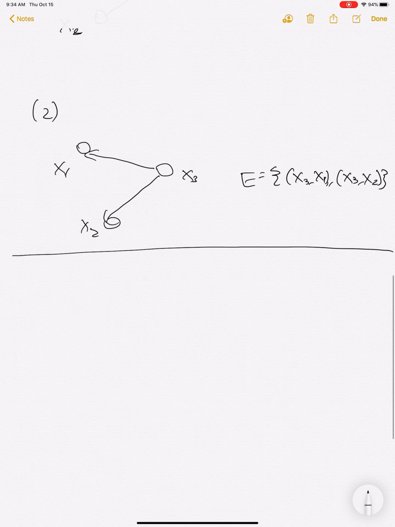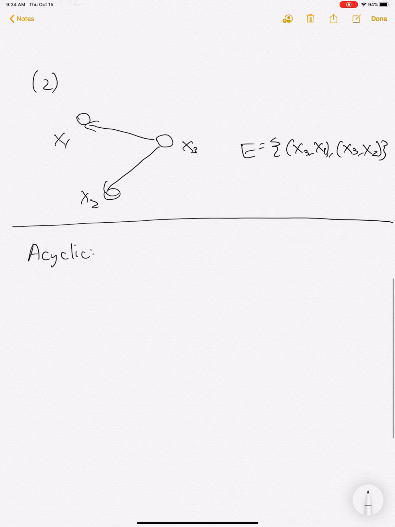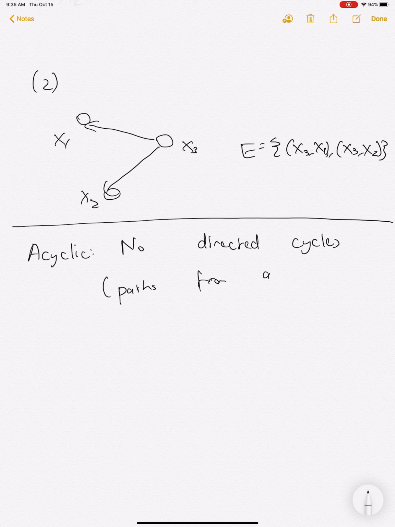And the other thing that we talked about is that to ensure that this is acyclic, there have to be no directed cycles. And what that basically means is no paths from a node back to itself, and that means you can only walk in the direction of the arrow.